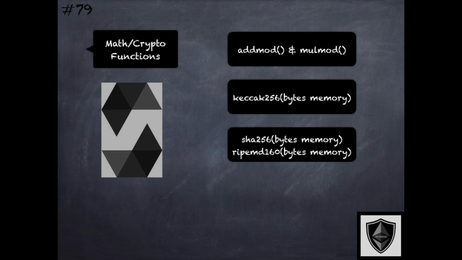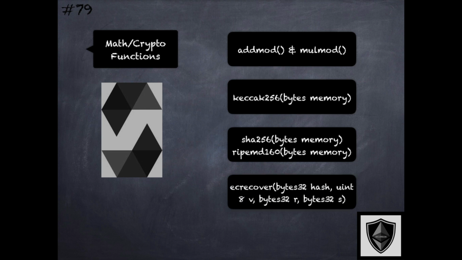It also supports the standardized SHA-256 algorithm related to Keccak, but the standardized version. It further supports one of the older hashing functions, the RIPE message digest, for historical reasons. And finally, it supports what is known as the ecrecover primitive.